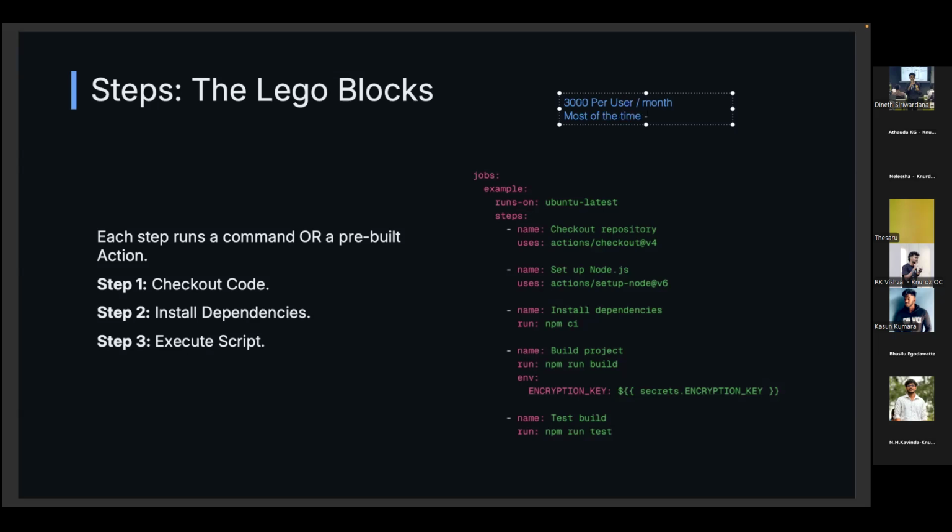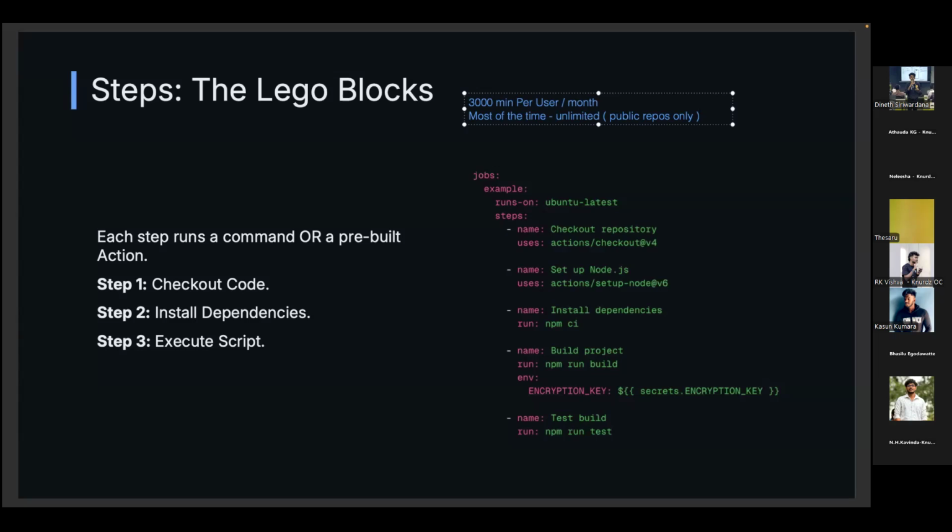Most of the time, if it's a free, public GitHub repo, you get unlimited. Okay, so you will get 3000 minutes per user per month if it is a private repo.